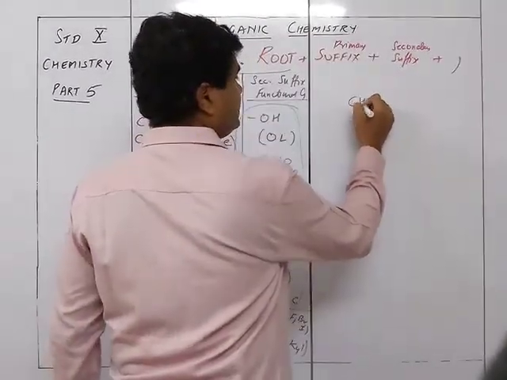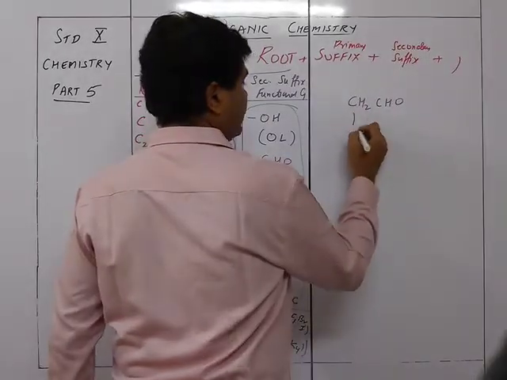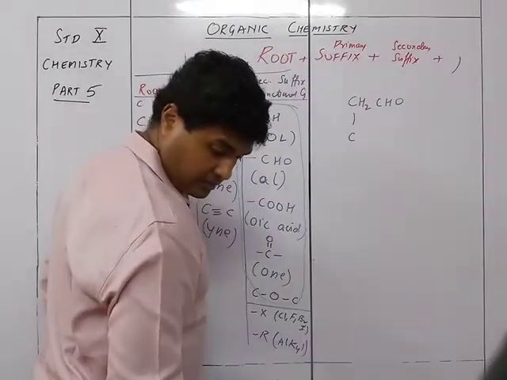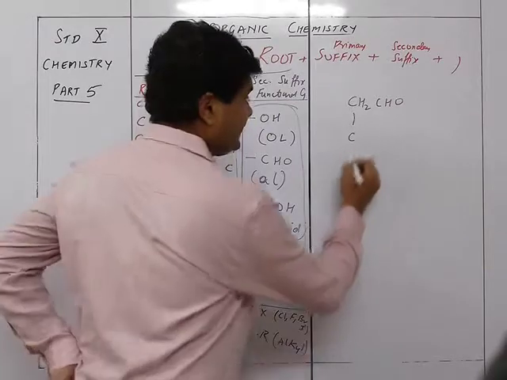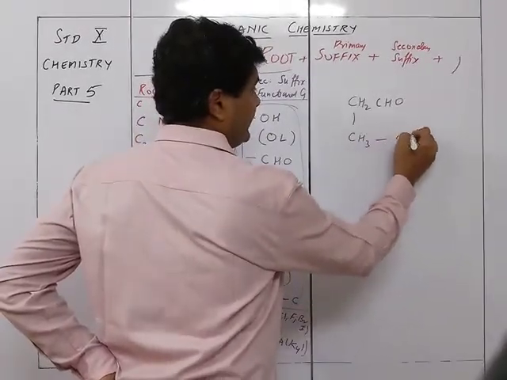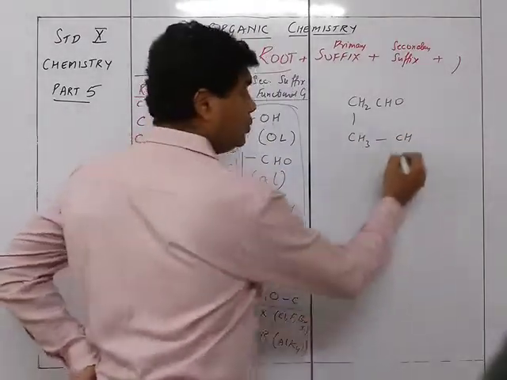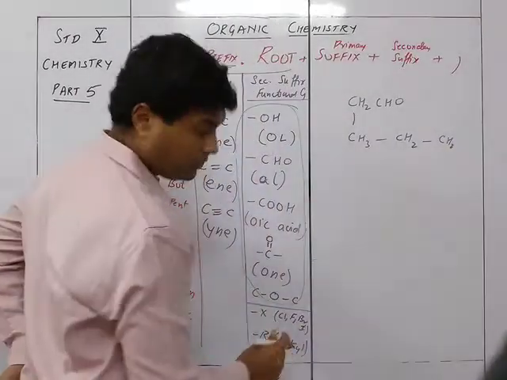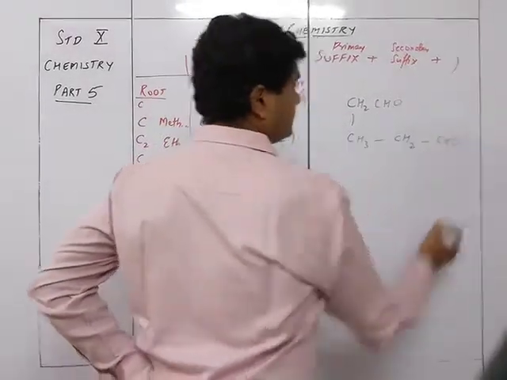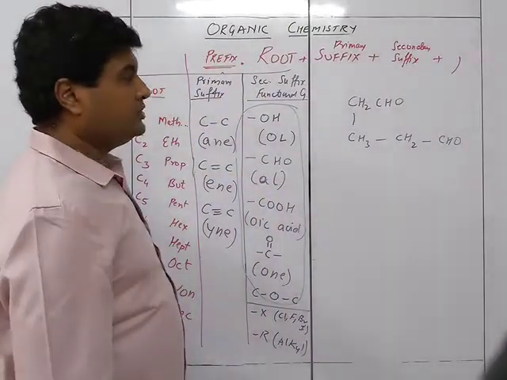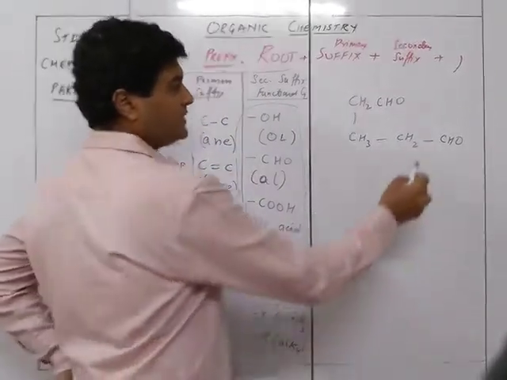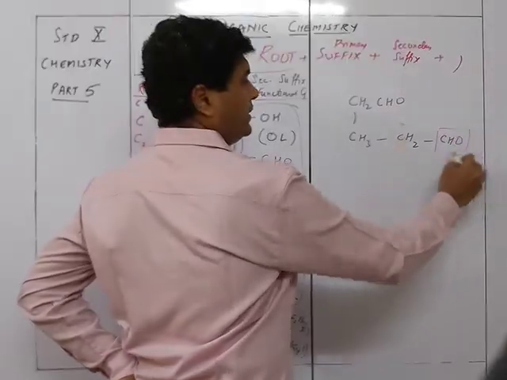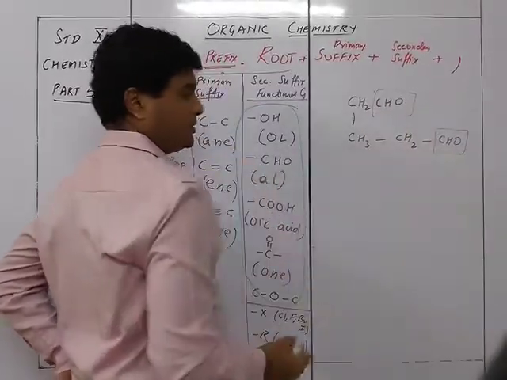It is CH2CHO, single bond C, and then CH3, then CH2, CHO. Okay. So you can see over here, there is a CHO over here and a CHO over here.